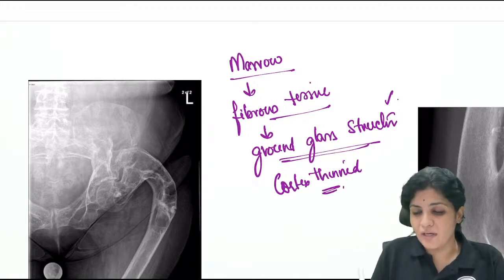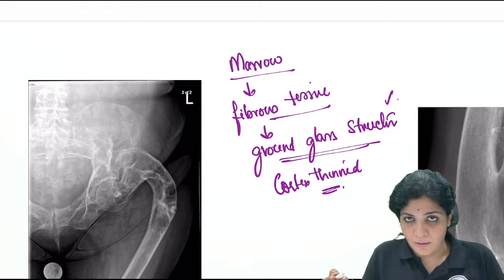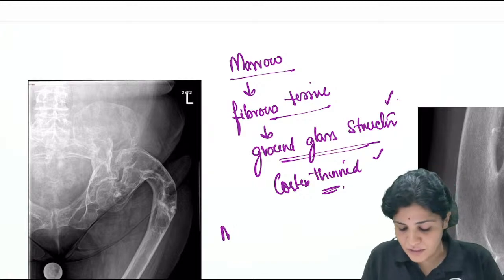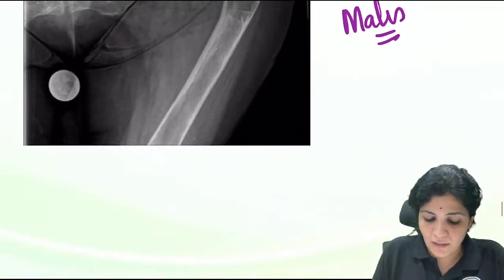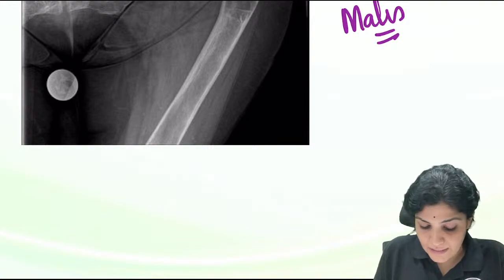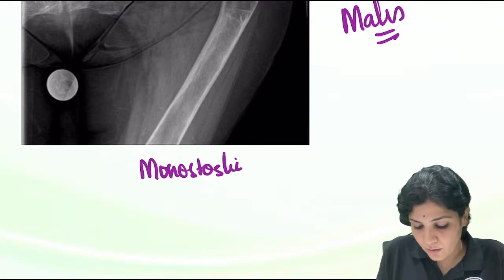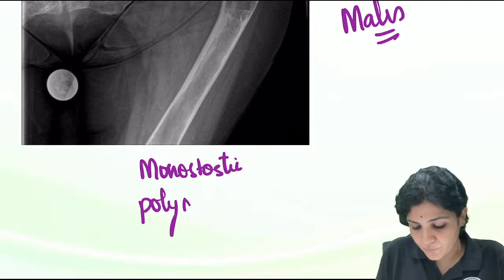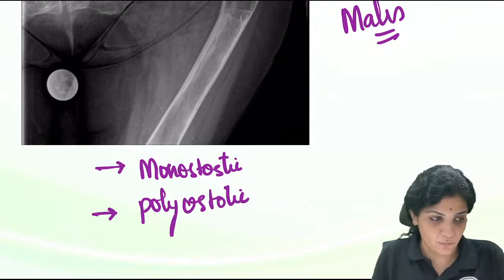The entire bone is replaced by fibrous tissue, and it is called fibrous dysplasia. There is cortical thinning. What else do you have to remember? It is usually seen as monostotic or polyostotic. That means only one bone or multiple bones can be involved, right?